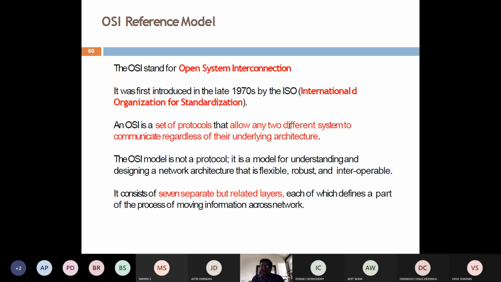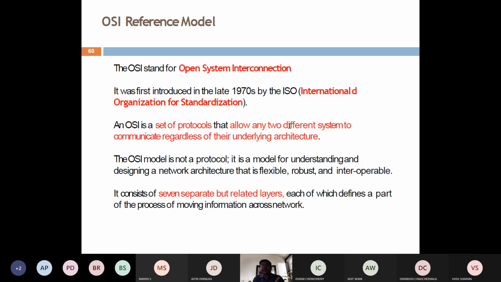Towards the late 1970s, they introduced the concept of Open System Interconnection. So what is there in that OSI? OSI is giving us different sets or a hierarchy. We say we have 7 layers in the OSI model.